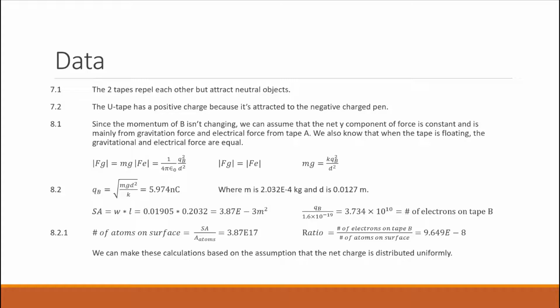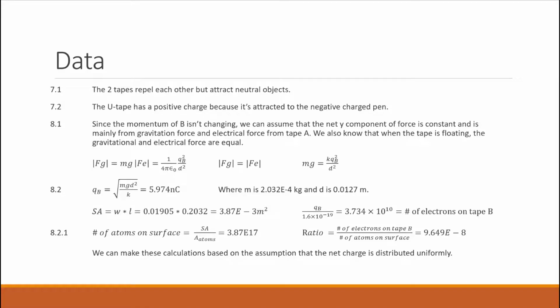After that, I was able to calculate the amount of charge on the tape by calculating the surface area of the tape, which was the width times the length, and the area of the atoms, and dividing the surface area by the area of atoms, getting 3.87 times 10 to the negative 17.